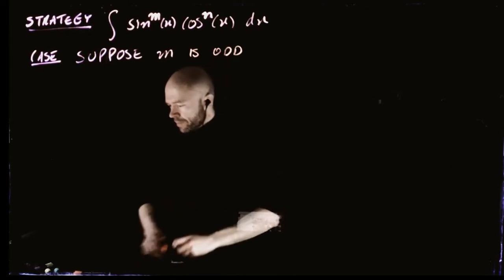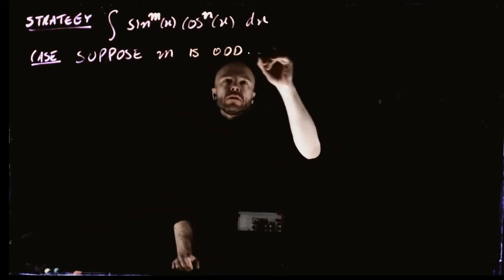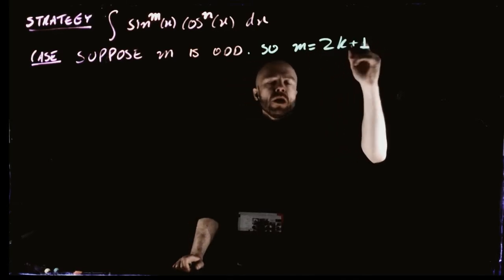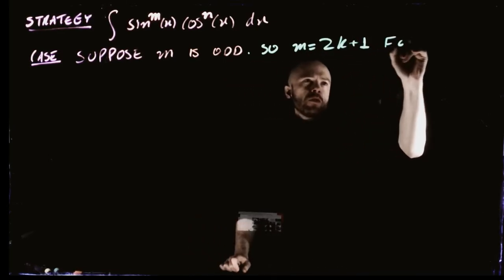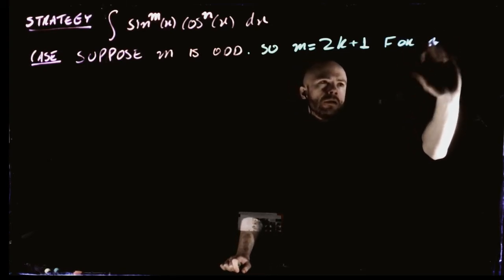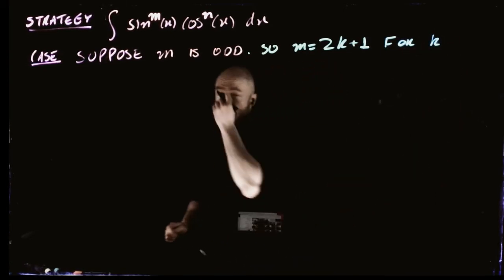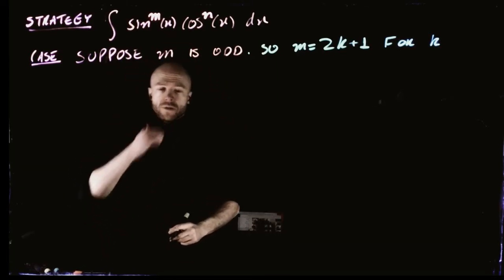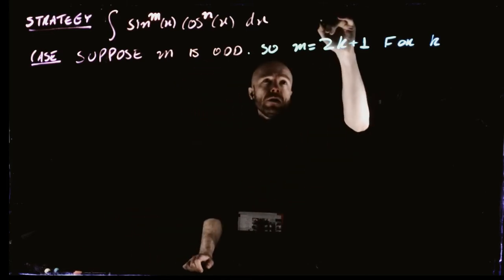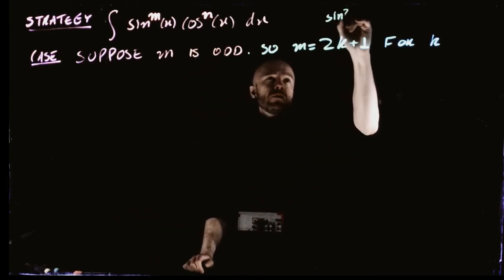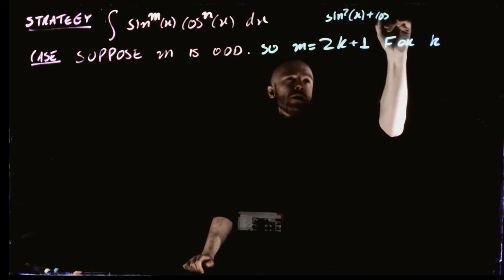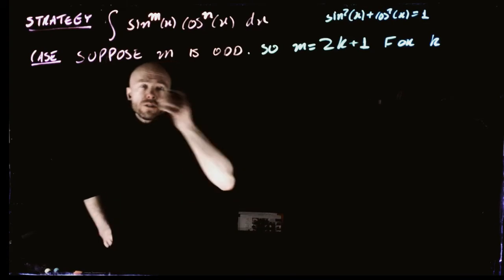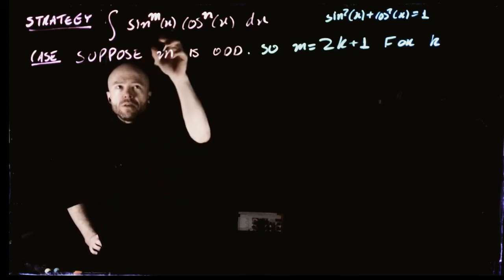If m is odd, so m is equal to 2k plus 1 for some k. Right? That's what being odd is. Yeah? How would we solve this problem if m was odd? And remember, our identity is sine squared of x plus cosine squared of x is equal to 1. Yeah? How do we solve this integral, I should say?